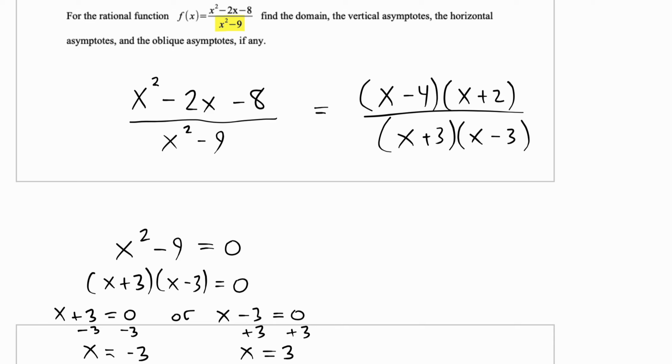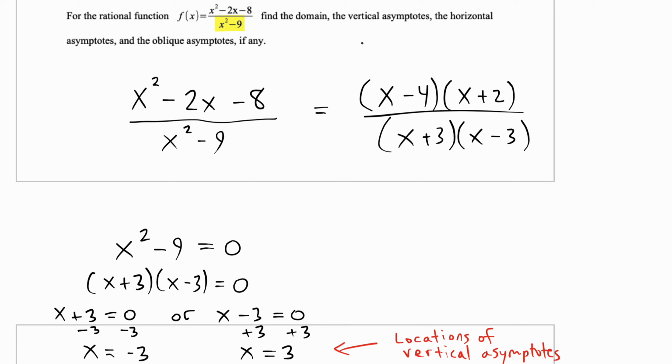So these are going to be the locations of vertical asymptotes. Now we know that a denominator of a fraction cannot be 0 in math, or else it would create an undefined answer. So the domain of our function cannot include the x of -3 or 3.